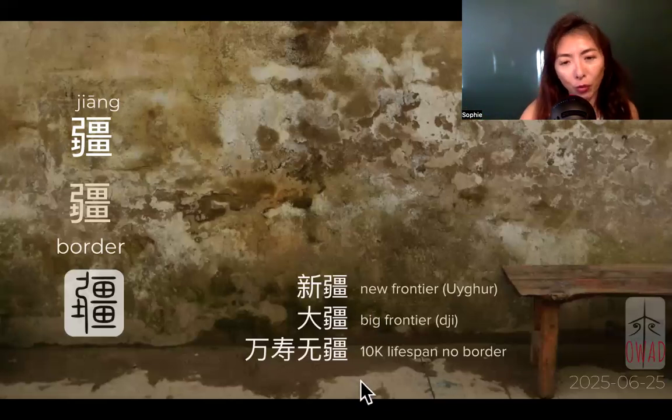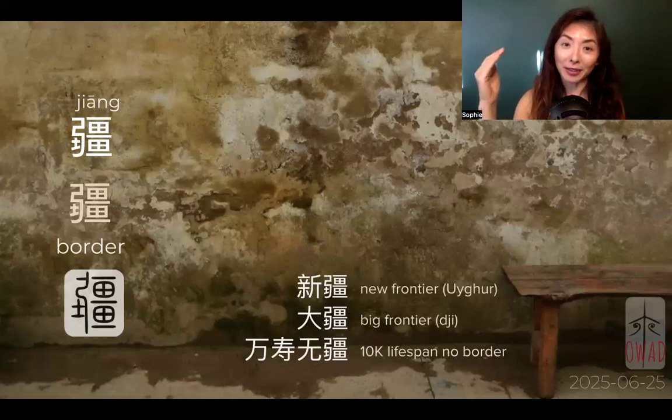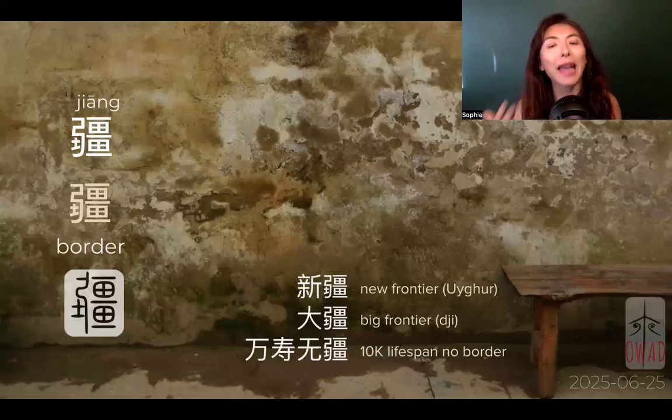Okay, 万寿无疆 is the default longevity good wishing expression in Chinese. The longer you live, the higher status you kind of by default gain in Chinese culture.